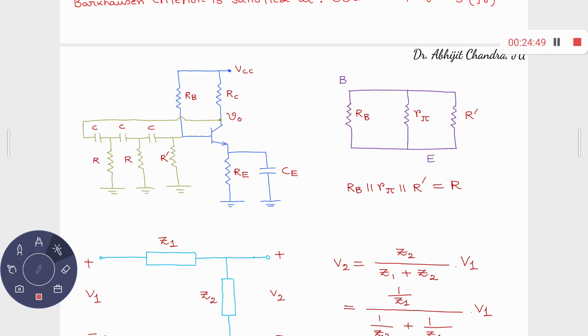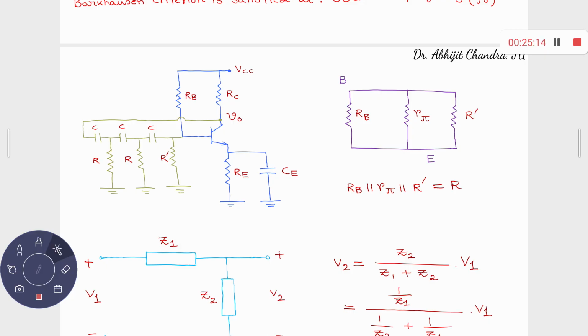Base and ground, from this point to ground, what is the resistance? This one R, this one R. From here to ground, you have this R dash. Apart from that, any other resistors? You have R pi, base to emitter. Emitter is grounded because of the RC combination. So R pi is there from base to ground and RB is there from base to ground.